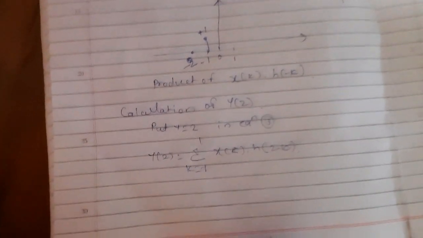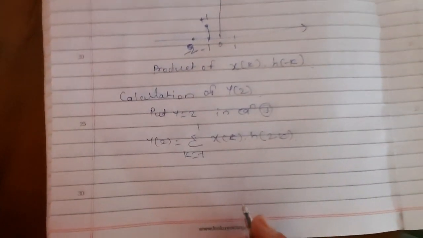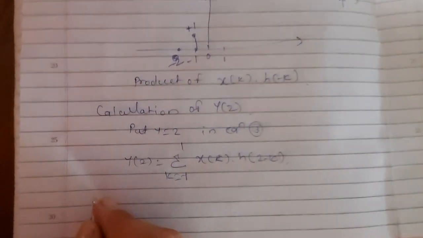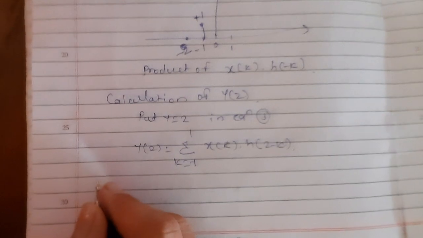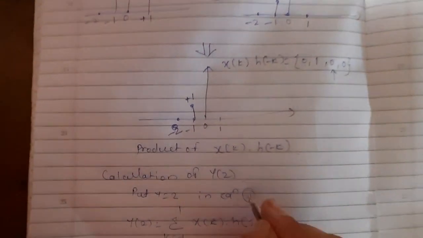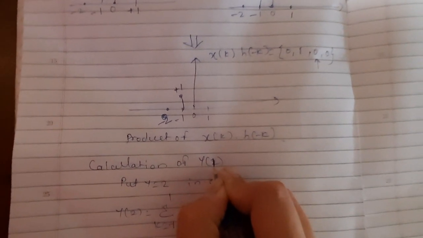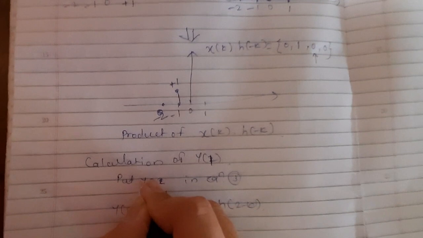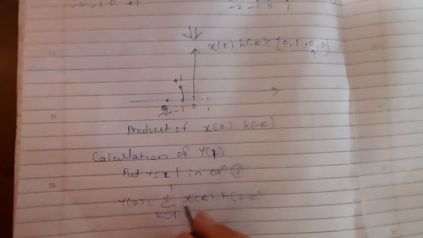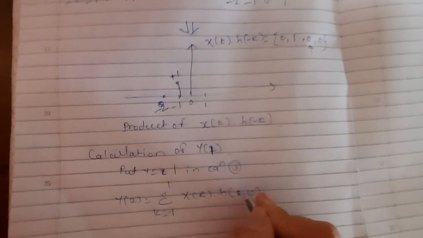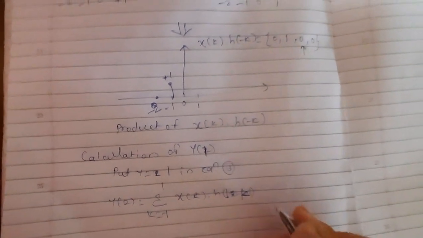Now we draw the sequence for x of k and h of minus k plus 1. So this is the calculation of y of 1, not y of 2. This is y of 1. So we put y equal to 1 in equation 3, and equation 3 is h of 1 minus k.